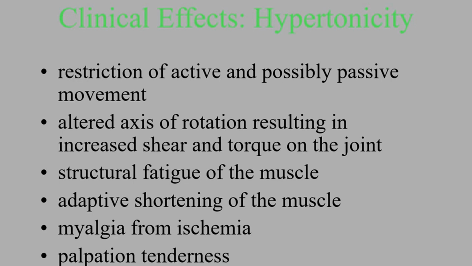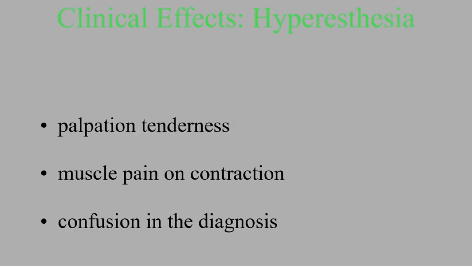There's myalgia from ischemia, and also possibly from the hyperesthetic effect, and there's palpation tenderness because of the ischemia caused by the hypertonicity, and again possibly also from the hyperesthetic effect. Hyperesthesia will cause palpation tenderness, and this may actually be the source of trigger points, or at least in some instances.